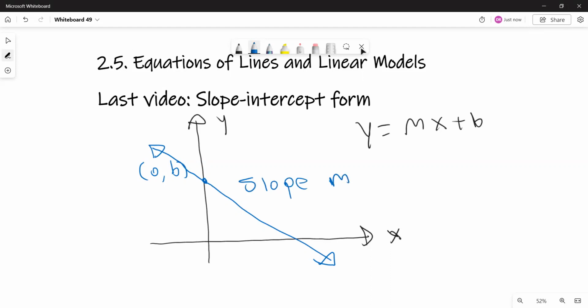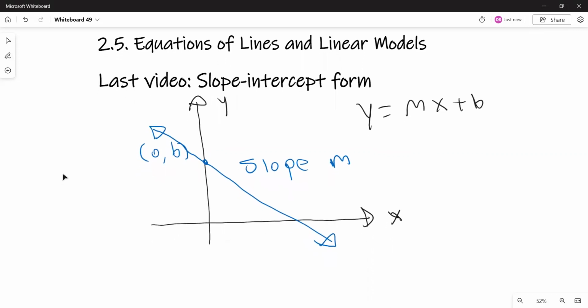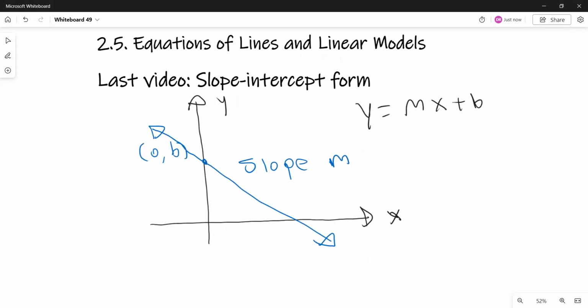So a generalization of the slope-intercept form is the point-slope form. This is on page 234, and let me copy this.